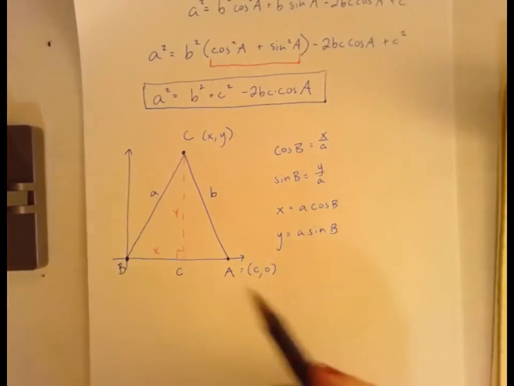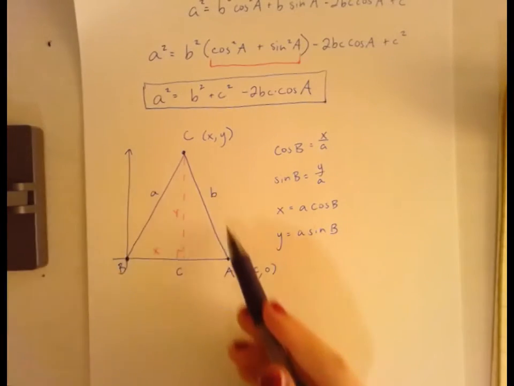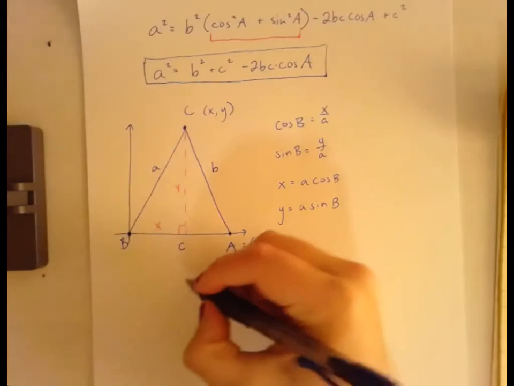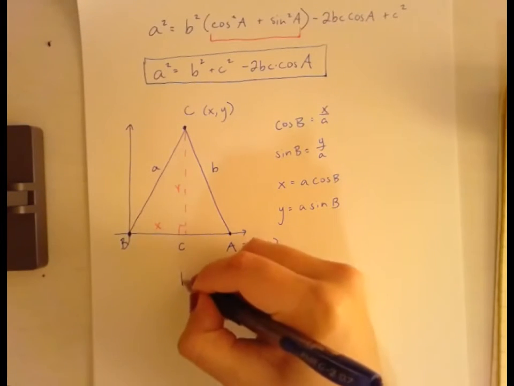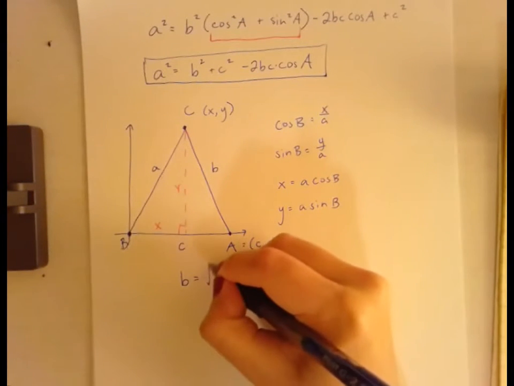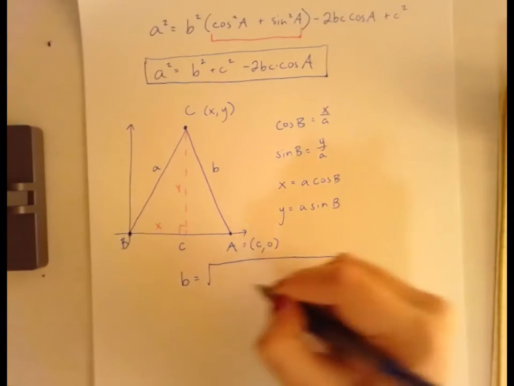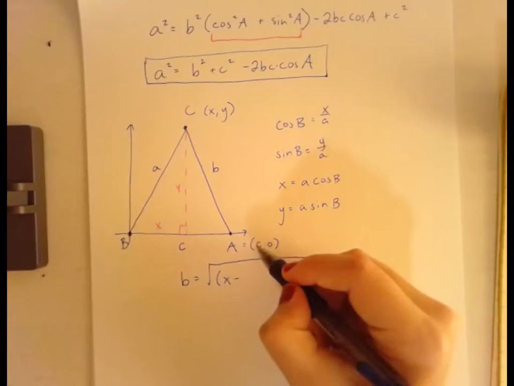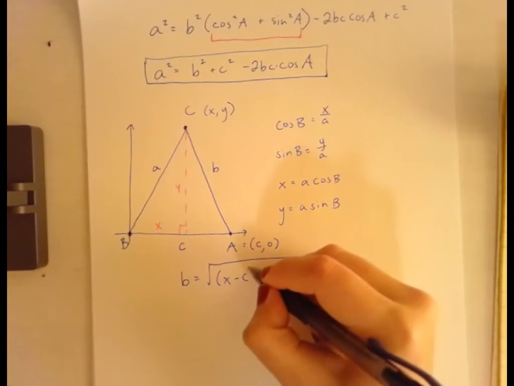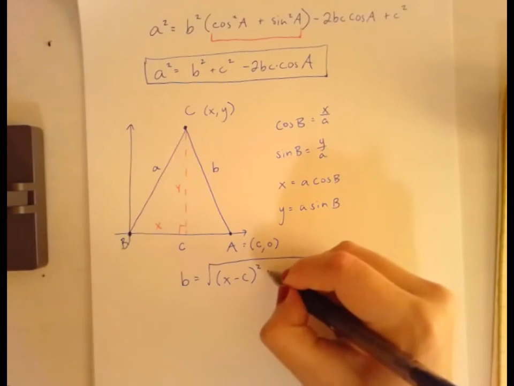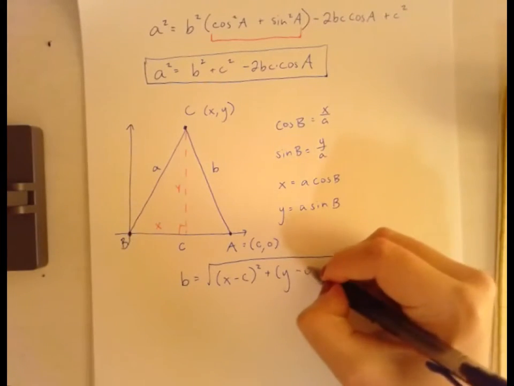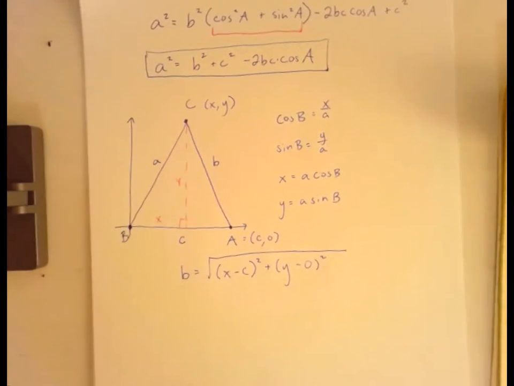And again, we can solve for this side, side length B, if we use the distance formula once again. So down here, again, distance formula, we could say B equals the square root of x2 minus x1 squared plus y2 minus y1 squared.